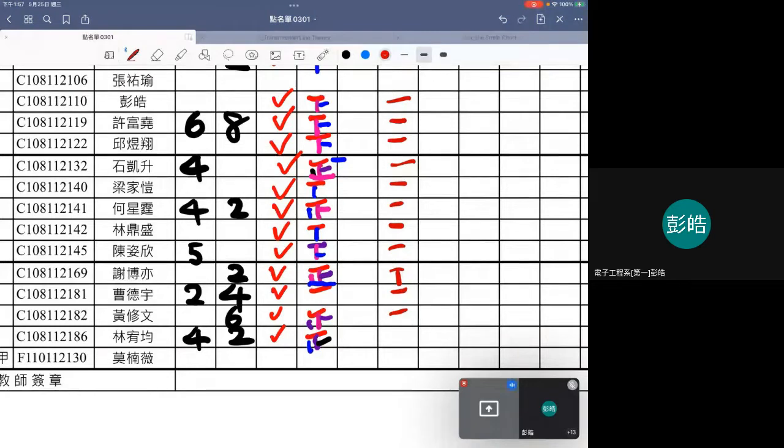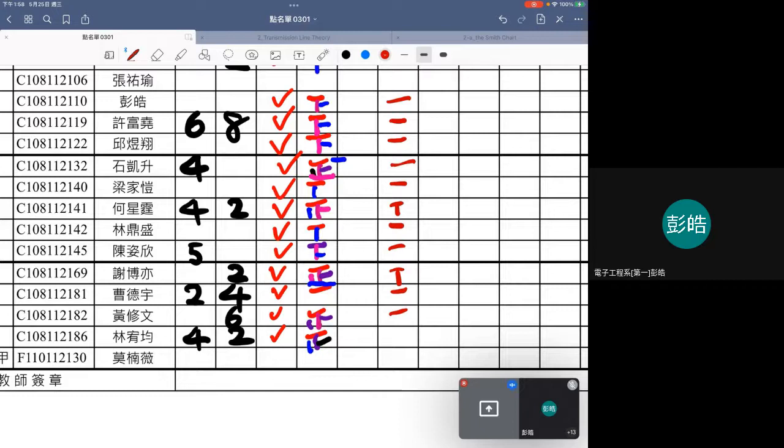Please enlarge your answers to help me read. 何欣婷, yes, your answer is correct as well.